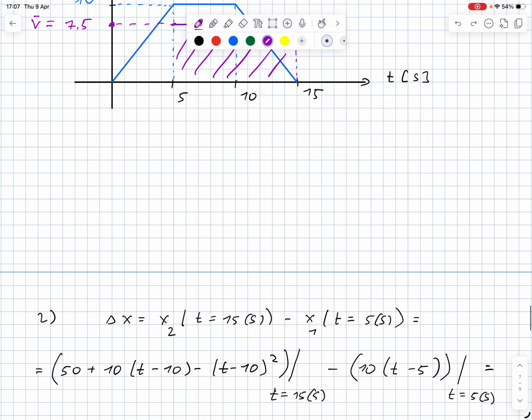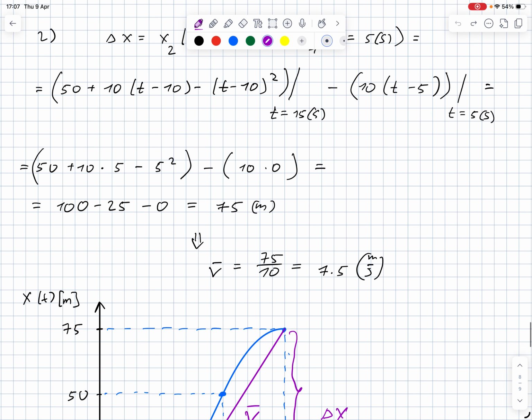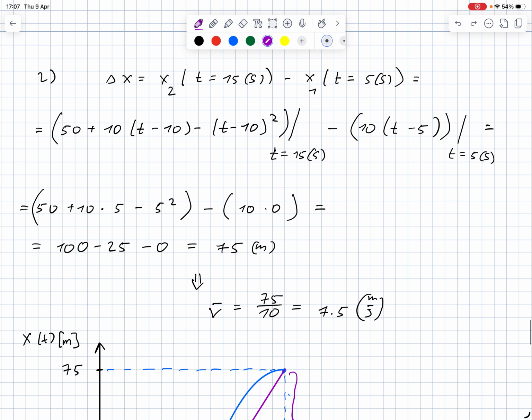So it's okay. And finally, we can calculate our average velocity again. We take delta x divided by delta t, and again the value of average velocity between the initial time of 5 seconds and the final time of 15 seconds equals 7.5 meters per second.